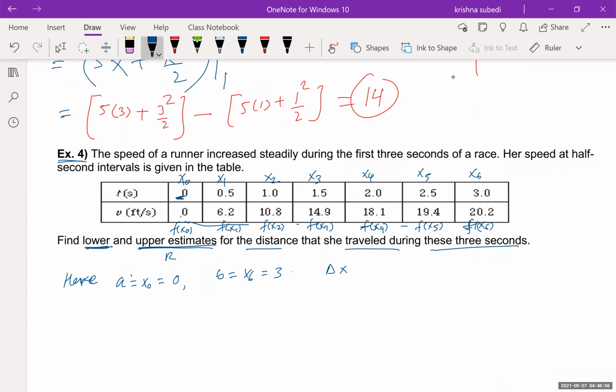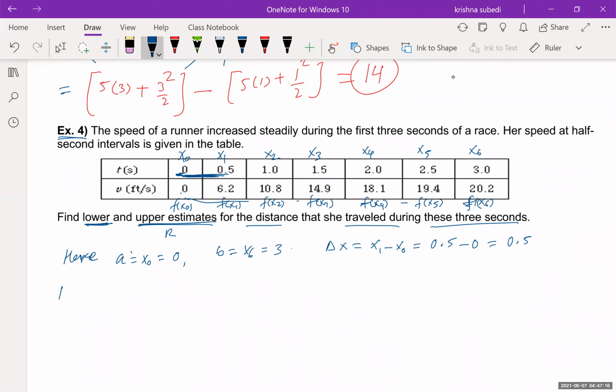And your delta x is the width of the rectangle, the difference between x1 and x0. So delta x is x1 minus x0, which is 0.5 minus 0. So this is 0.5. So that is your delta x.